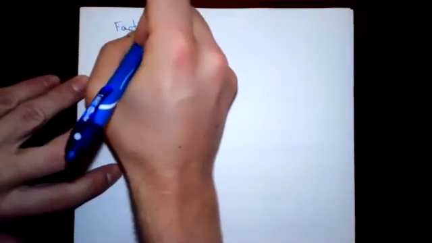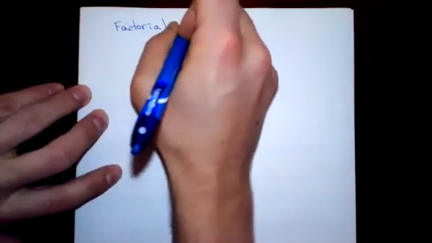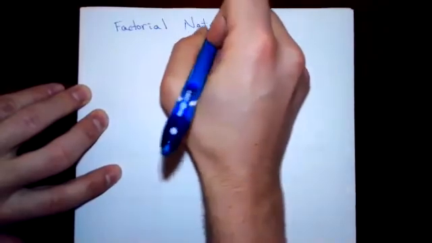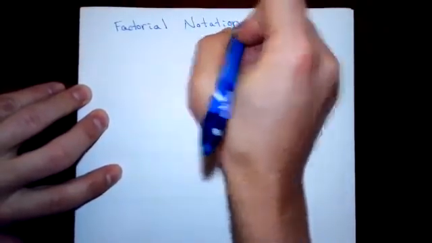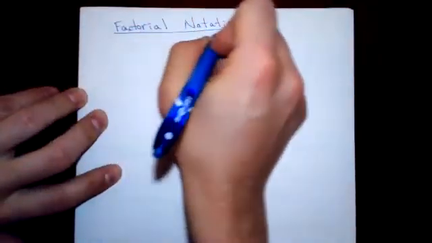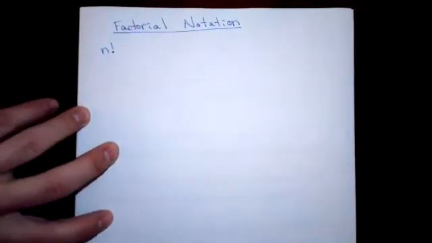Or at least, the way we would do that is beyond the scope of this course. Our factorial notation, we will often write like this. It's an exclamation point. So n factorial is how we read that.